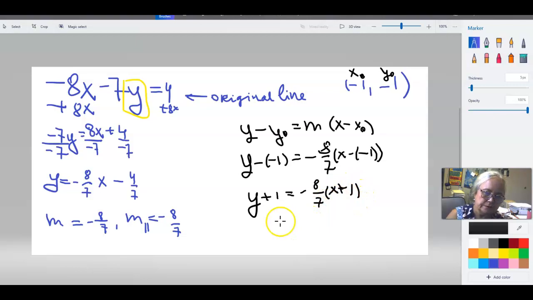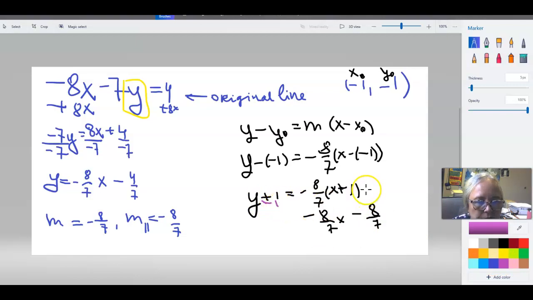Open parentheses. On the right hand side you get -8/7 x minus 8/7, and then you subtract 1 from both sides. So you subtract 1, which is 7/7.